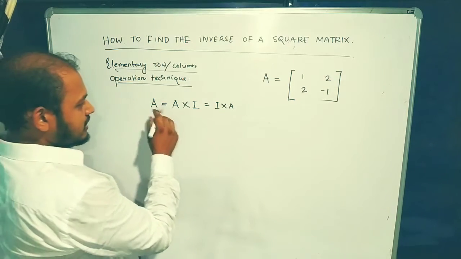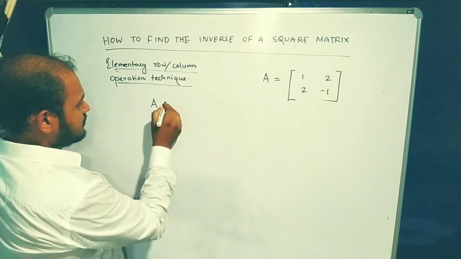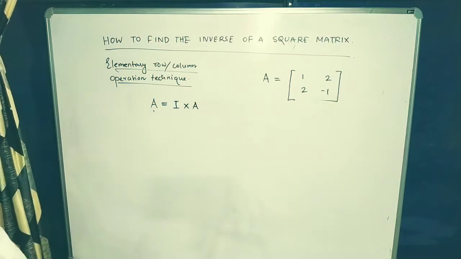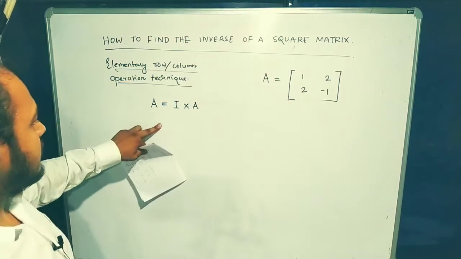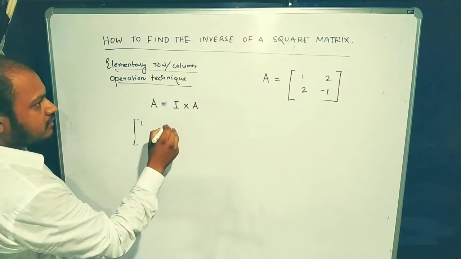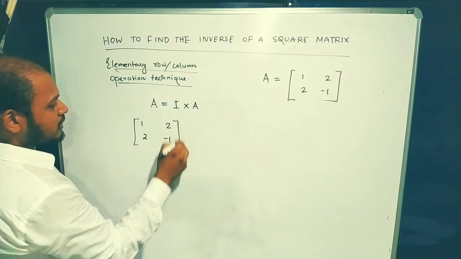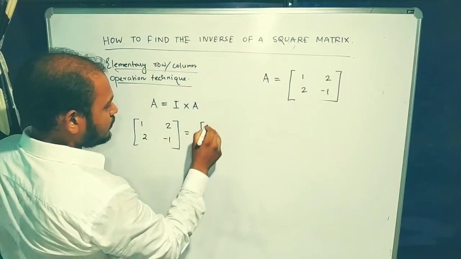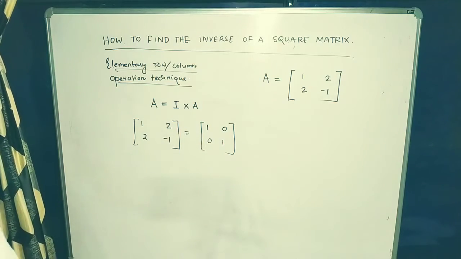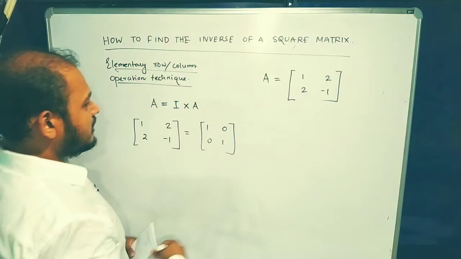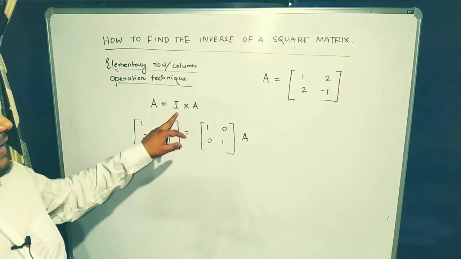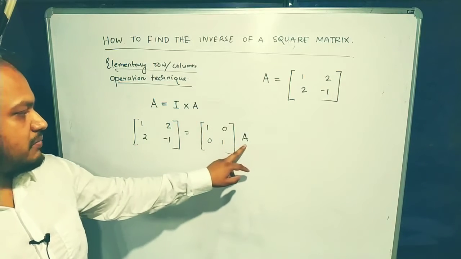So let us take one of the statements, A is equal to I into A. Now if we take this, then we can write the same matrix here as 1 2 2 minus 1 is equal to I, which is 1 0 0 1, a diagonal matrix with the diagonal elements as 1, and we are writing A here. So A is in this position, I is in this position, and A we have kept it like this.